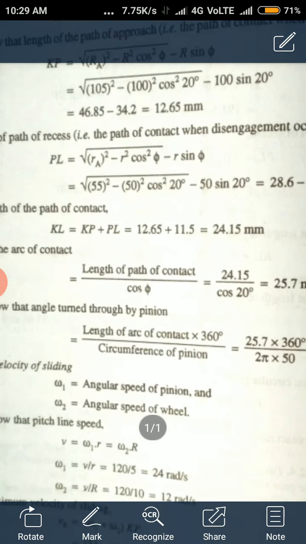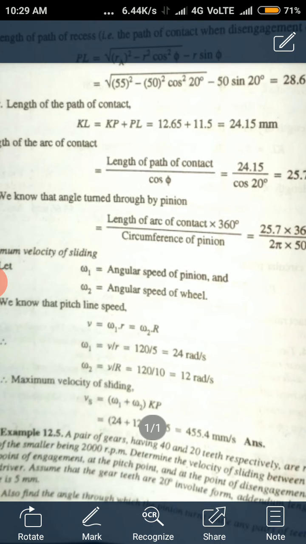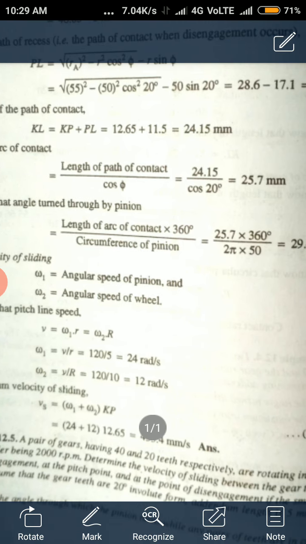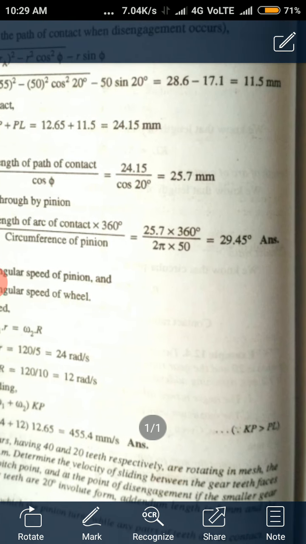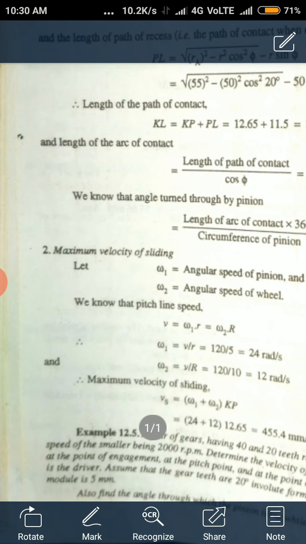So going for the second one, similar to this: a pair of gears having 40 and 20 teeth respectively are rotating in mesh. The speed of the smaller being 2000 rpm, smaller means pinion, 2000 rpm, so that is n1.